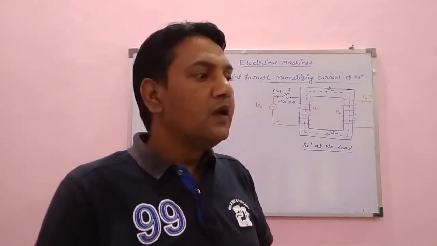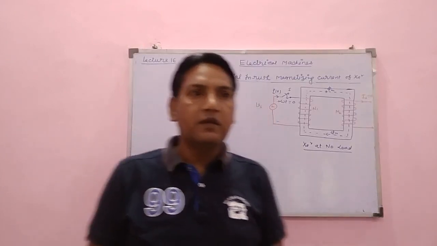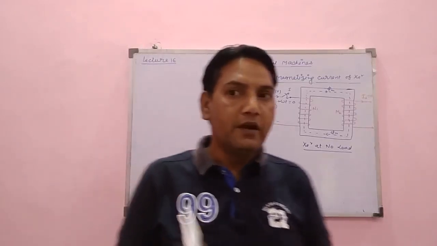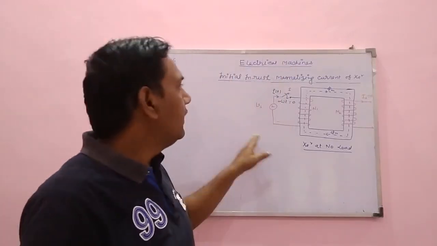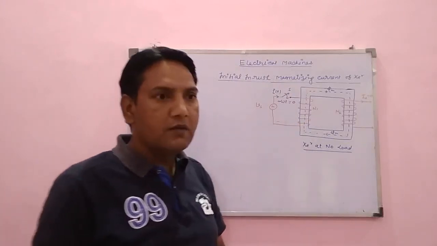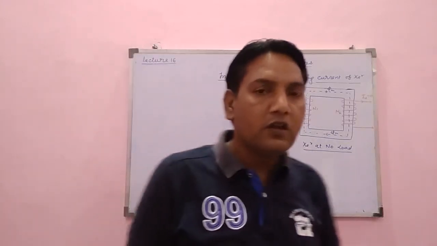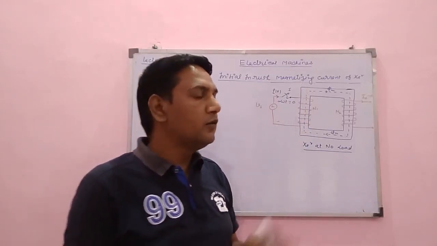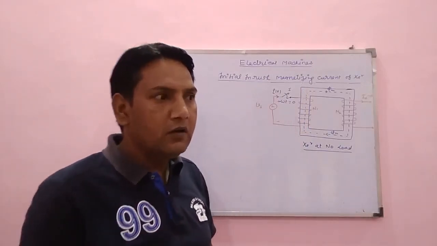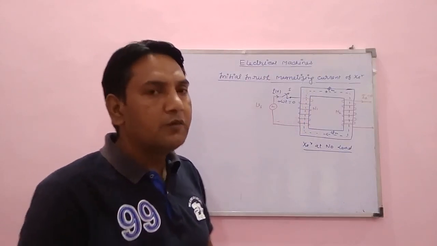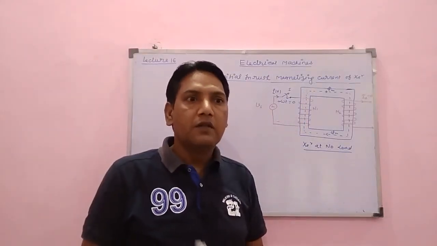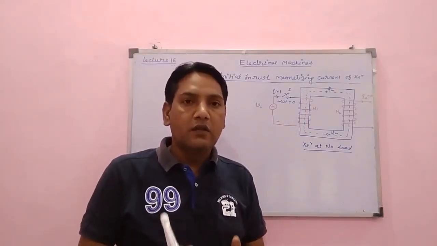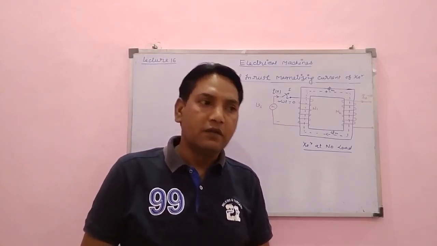If there is any electrical machine based upon the principle of induction, you know that there will be an induced EMF, and the induced EMF will always oppose the supply voltage. That's why, due to the opposing property of induced EMF, less current is drawn by the machine.